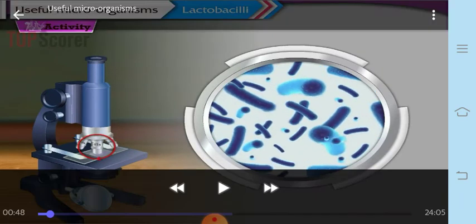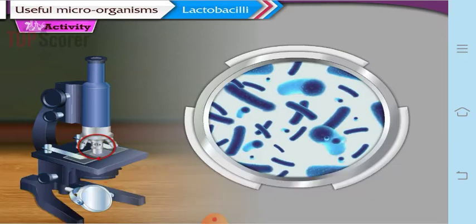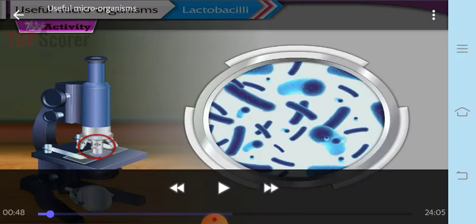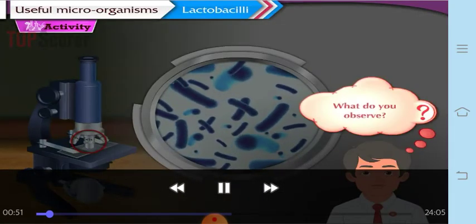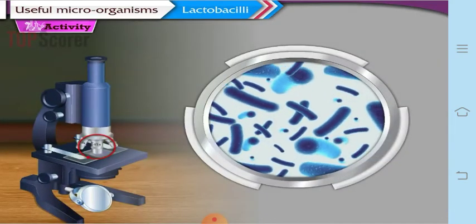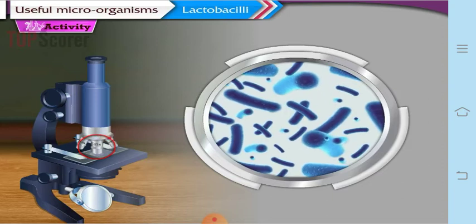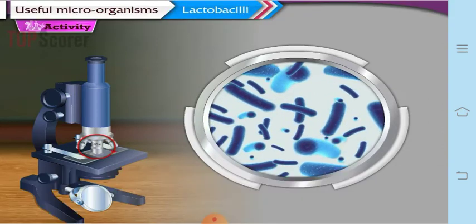If you want better magnification, then we have to use a higher magnification, that is 45x. When you see under 45x, you can observe the blue colored rod shaped bacteria. Rod shaped bacteria, blue colored, so that means lactobacillus.